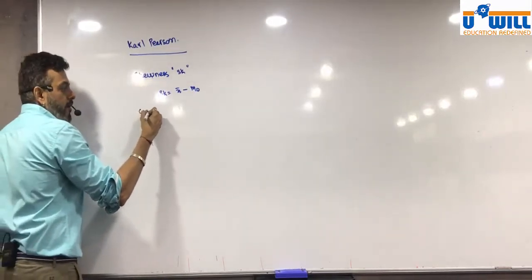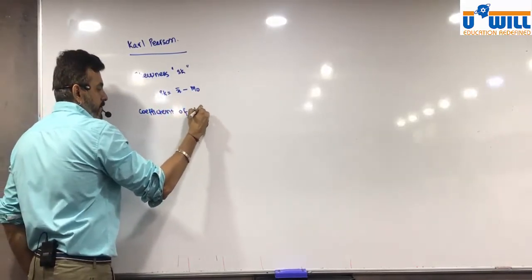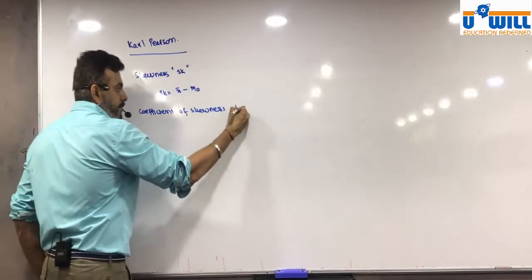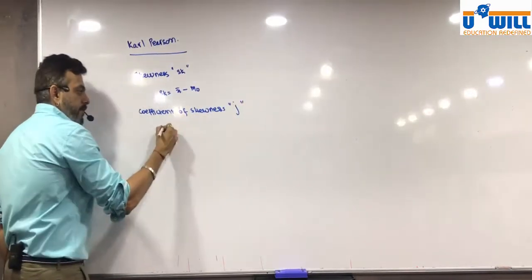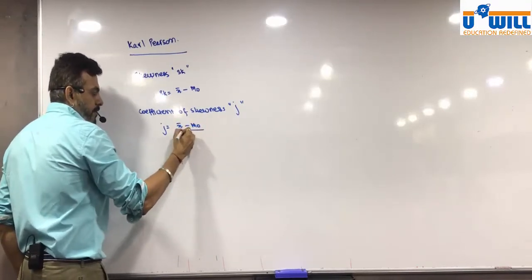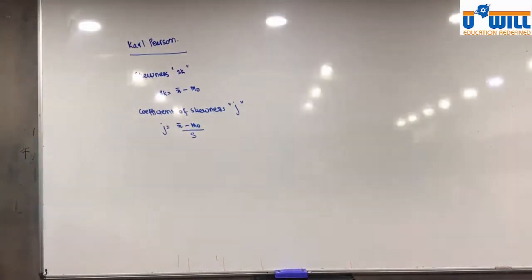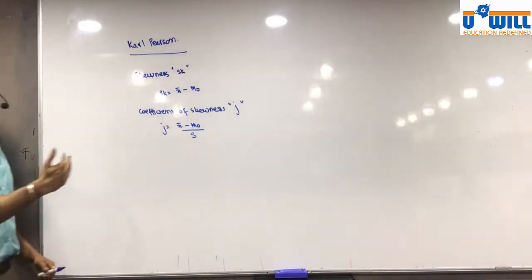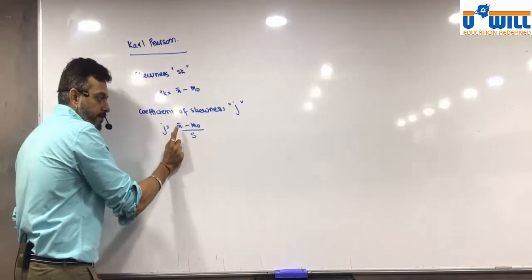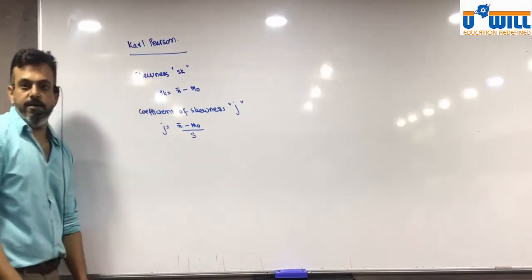So we have the coefficient of skewness, which is denoted by the symbol J. J is equal to x bar minus mode, mean minus mode upon standard deviation. Understood this? Now for various types of data, raw, discrete or continuous, we have to find mean, mode, and standard deviation.